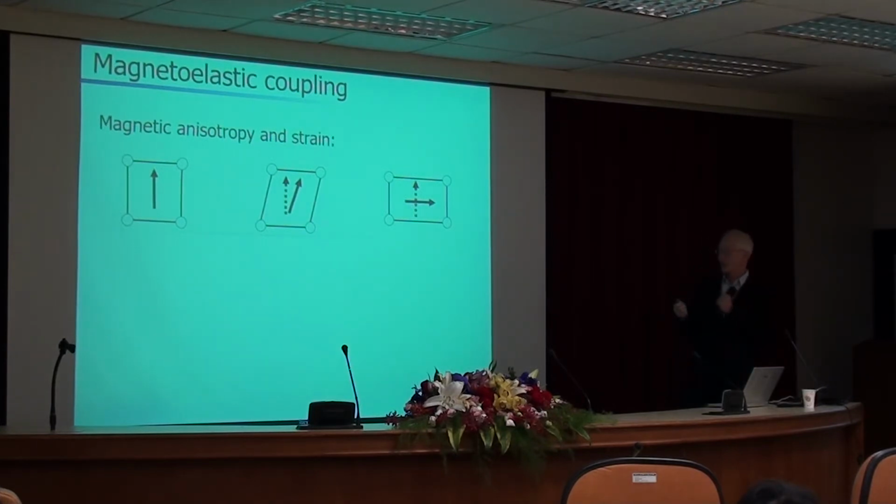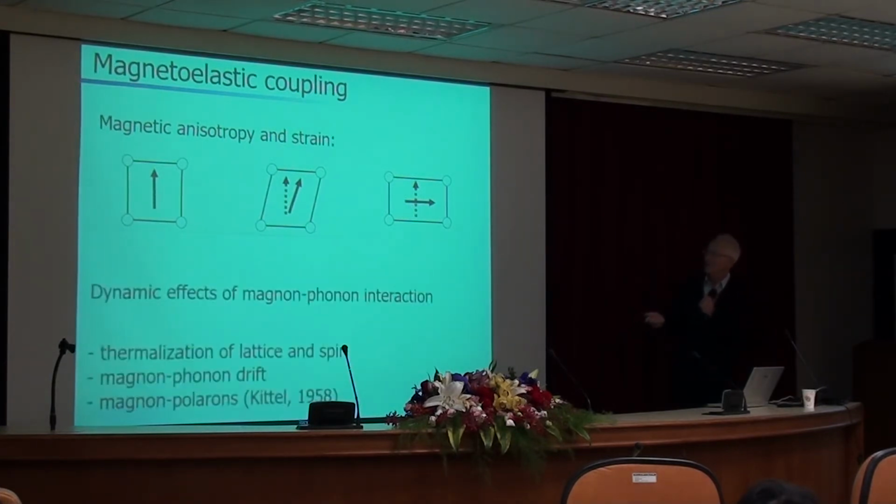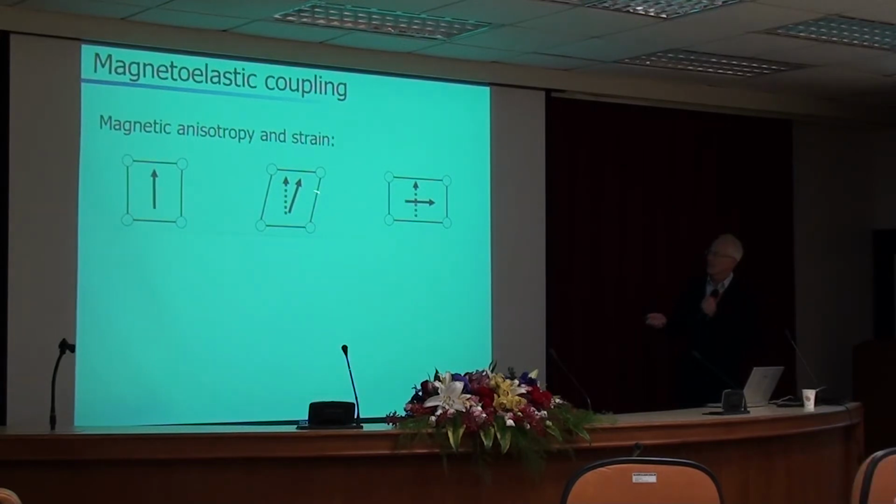So if you have this shear strain on the lattice, then the equilibrium magnetization will change in order to fit this anisotropy potential. By strongly deforming the lattice, you can even switch the magnetization. Now this is a simple static picture, but of course in general this will also affect dynamics.